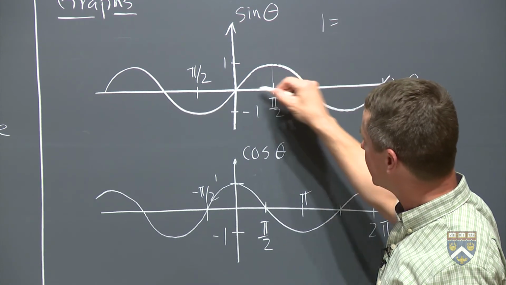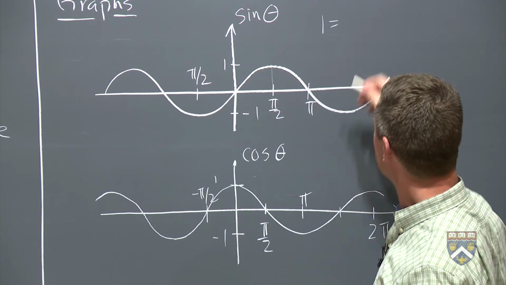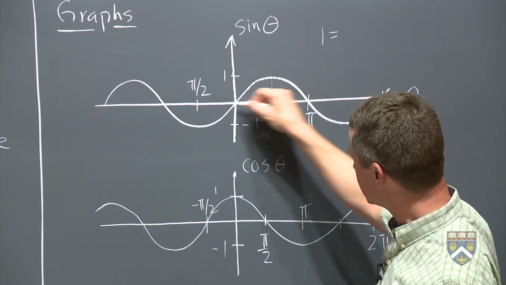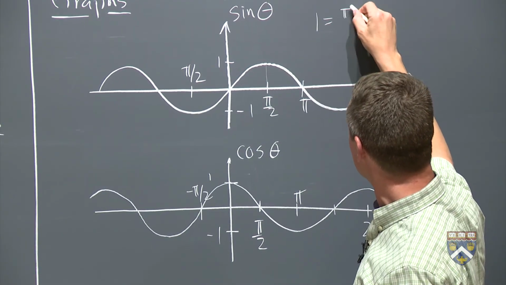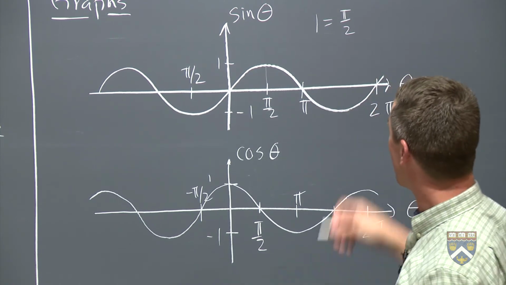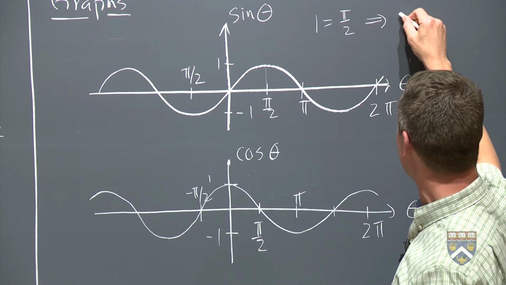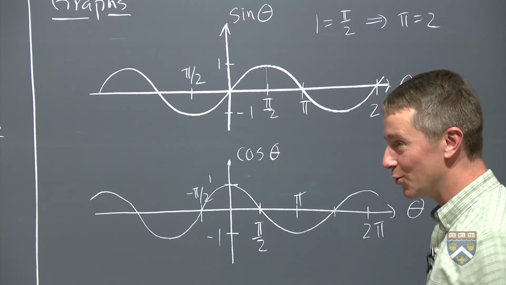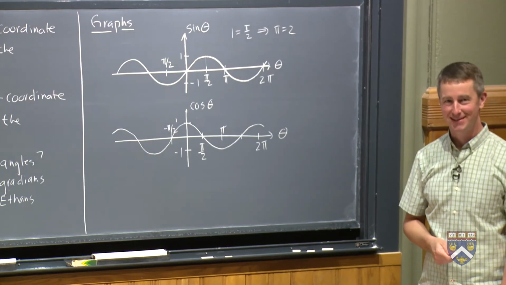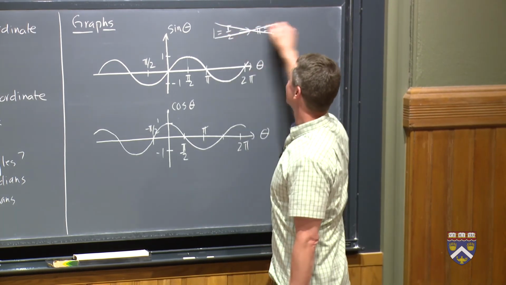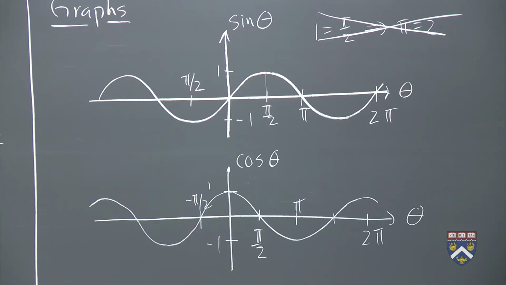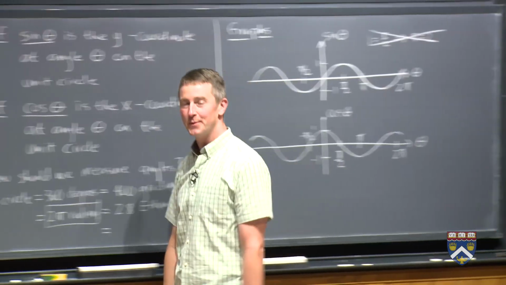But if I measure the radius in this direction, I should also get 1, right? So this distance must be the same as this distance. So this distance is 1. This distance is pi over 2. So if 1 equals pi over 2, that means that pi itself must equal 2. And I hope that as soon as you see that, you say, there's no way that's possible. So that's another demonstration of how we see that this is not a circle.